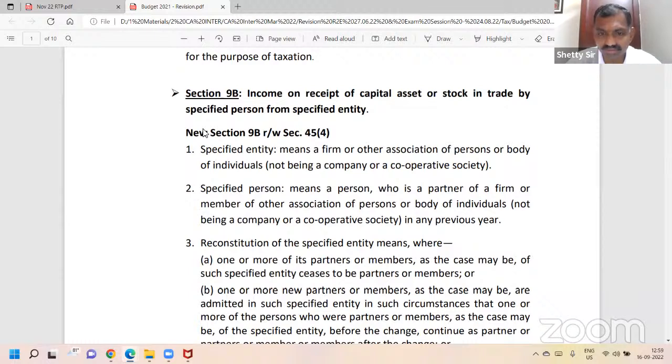Transfer of capital asset. On this, May 22 mostly a question is there in RTP. Transfer of capital asset, two RMRs. Left side: by partner or member to the firm or AOP. Below that, sale value is equal to the amount recorded in the books of the firm.